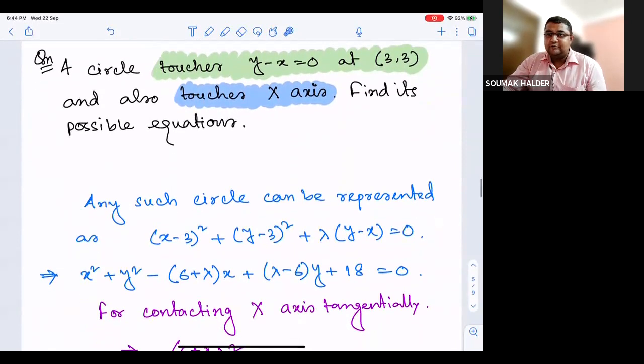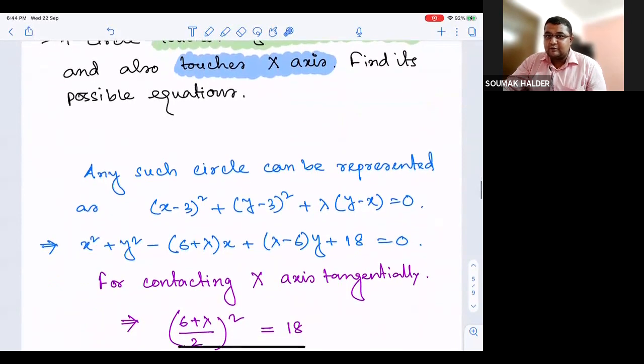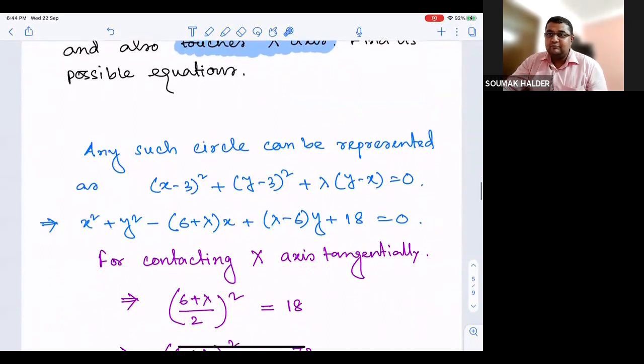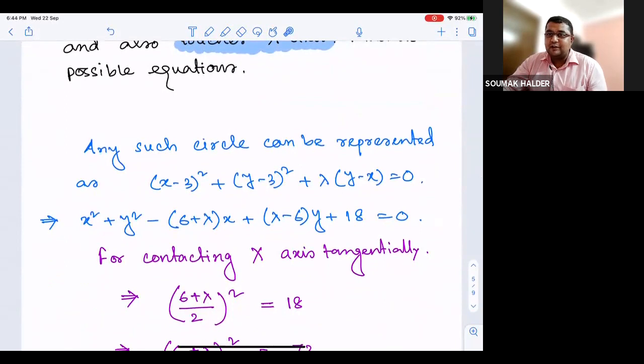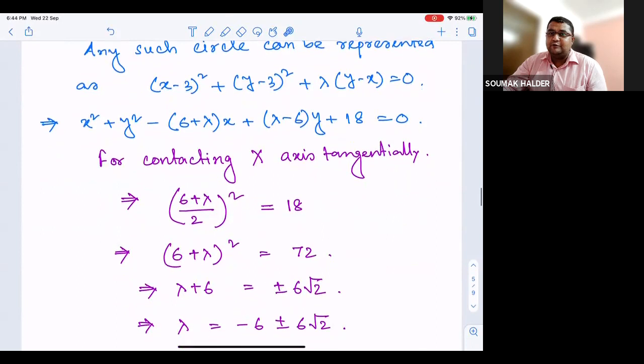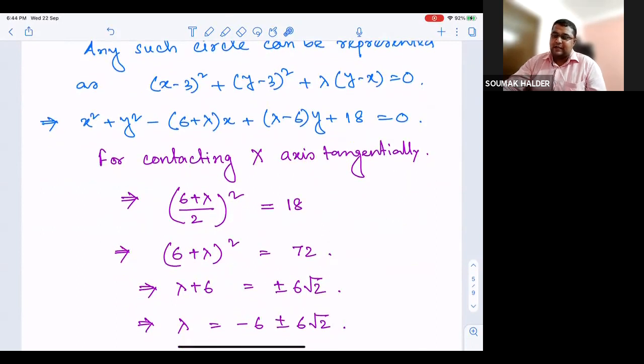Hence we can go for the condition of touching the x-axis tangentially: half of (6 plus lambda) whole square is equals to 18. That's the g square is equals to c criterion. Solving it, we can get the values of lambda which can satisfy, and once we have lambda, we can complete the equation of the circle.